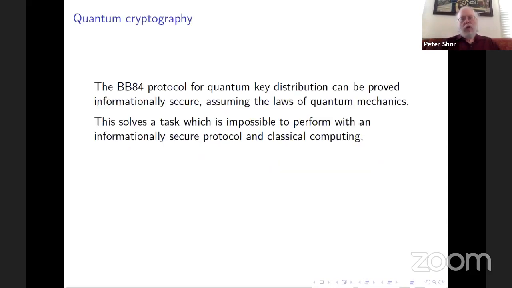For quantum cryptography, the BB84 protocol for quantum key distribution can be proven to be informationally secure, assuming only that the laws of quantum mechanics as we know them are correct. So this solves a task which is impossible to perform classically with an informationally secure protocol.